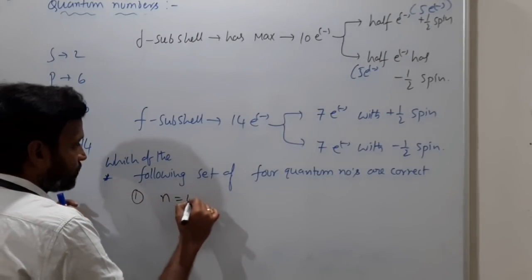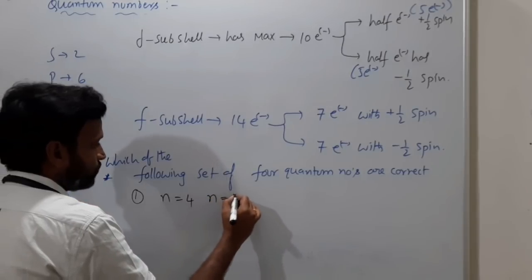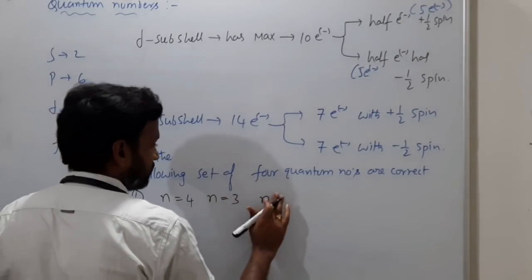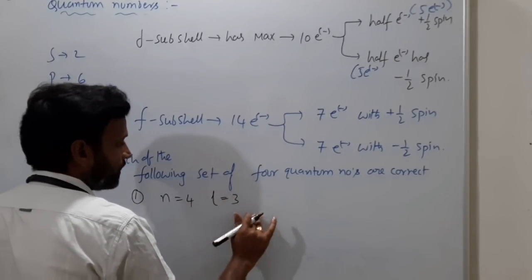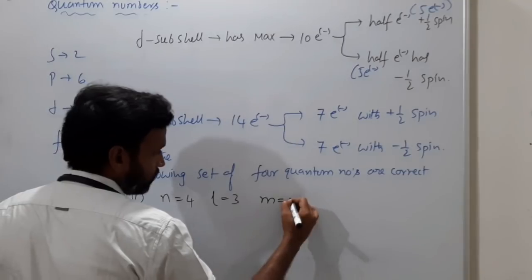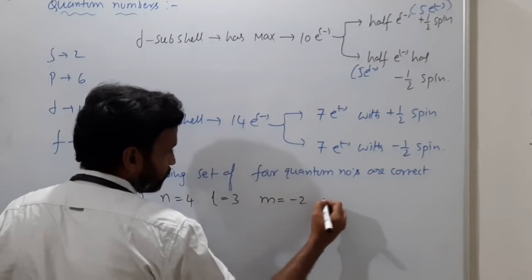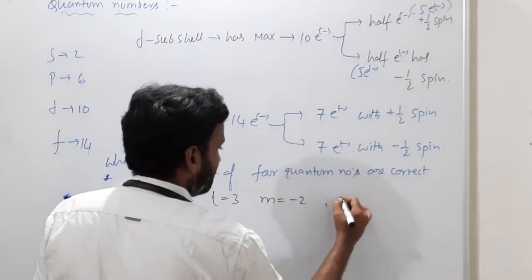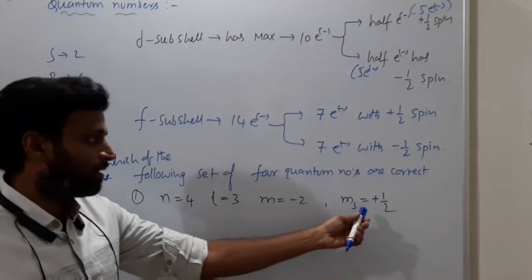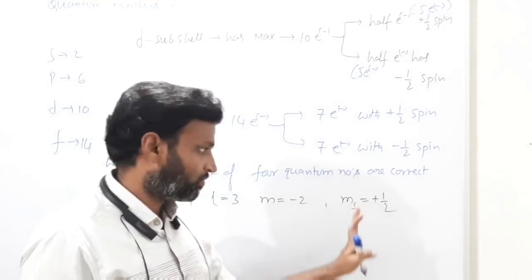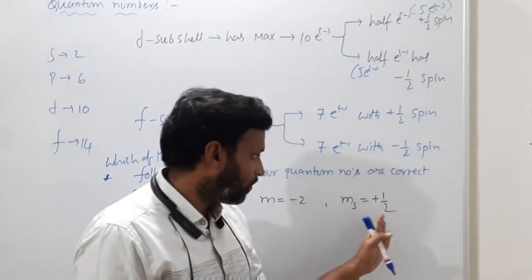n is equal to 4, l is equal to 3, m is equal to -2, and ms is equal to either plus half or minus half. Whether plus half or minus half, we cannot say.